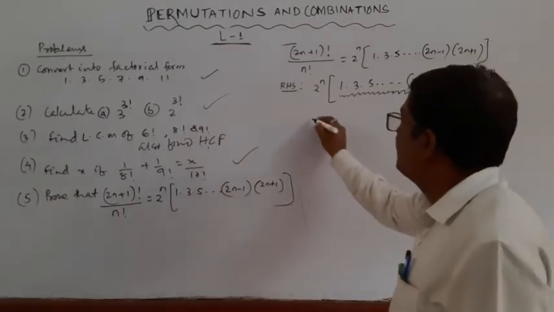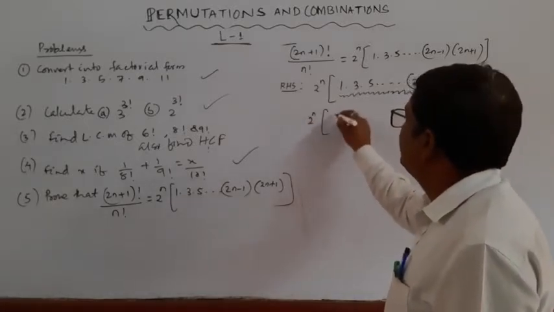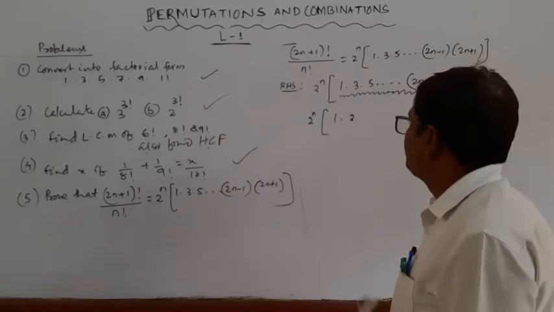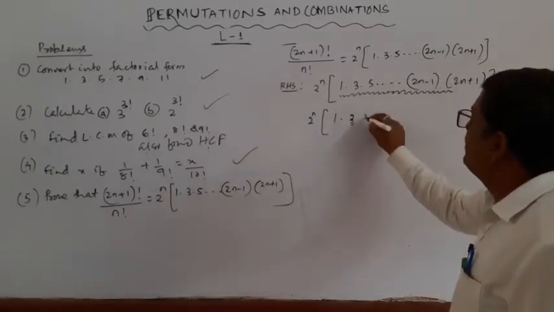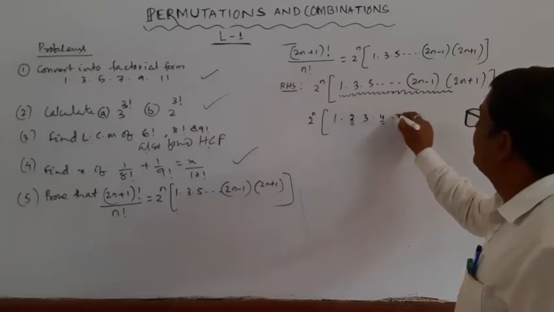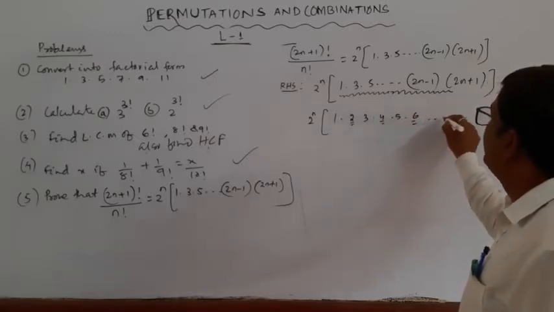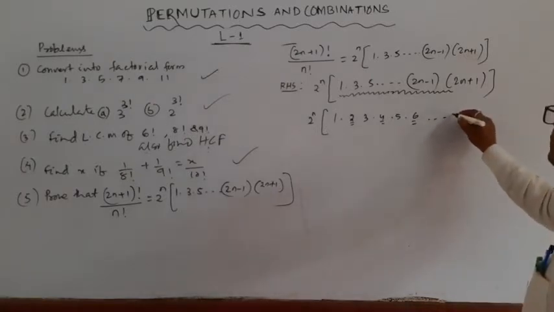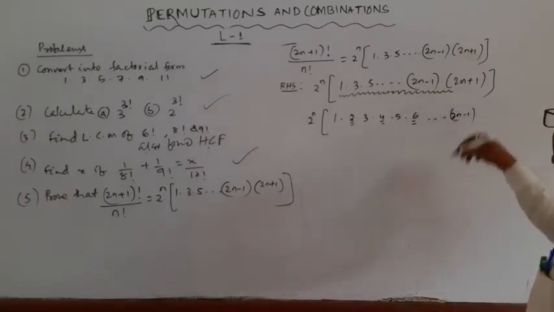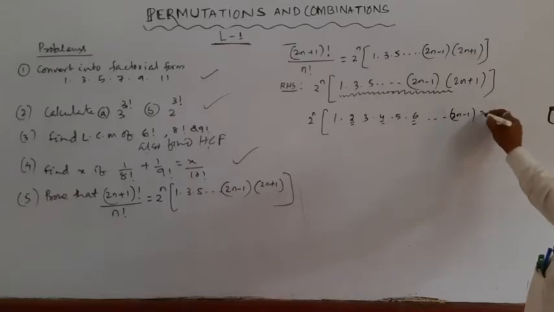So this will be 1 into 2 multiply, and 3 then 4 multiply, 5 then 6 multiply, dot up to the last one, 2n minus 1, and 2n multiplied, and 2n plus 1.